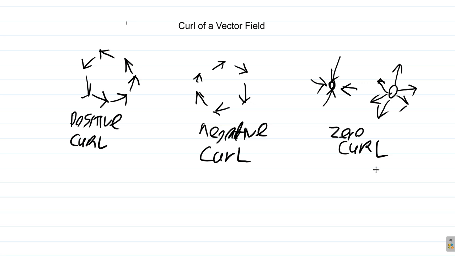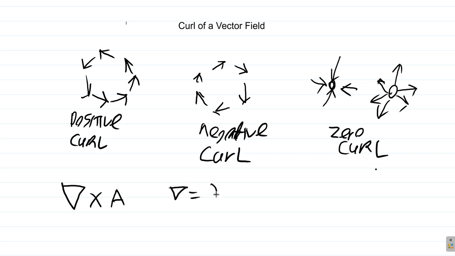Now, the curl, this is what you say is the curl. It is the cross product of nabla and the vector.